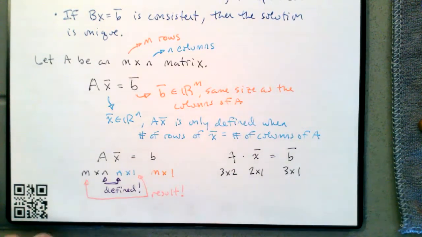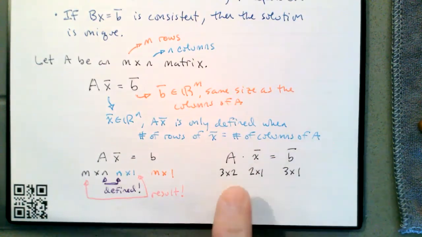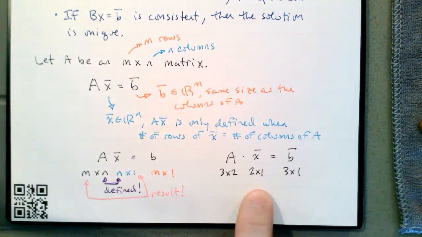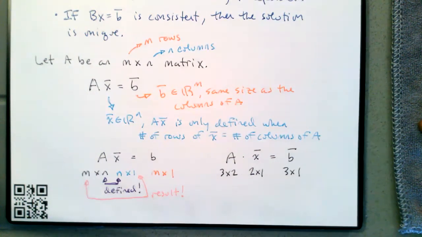So if I ask you to solve the equation AX equals B and X is 2 by 1, and A is 3 by 2, then your solutions will be 2 by 1. Make sure you know the size of the thing that you're looking for. Any questions?